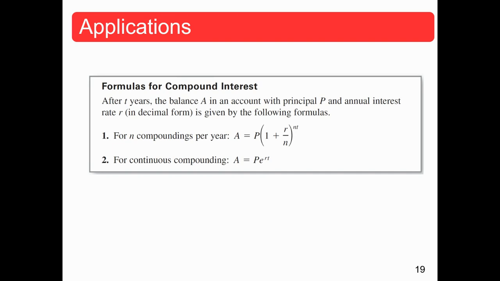There are two formulas for this, and one of them is A equals P. A is the future value in the account. P is the present value in the account. And then R is the rate, or the interest rate, and it's always in decimal form.